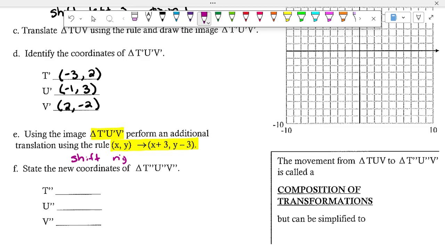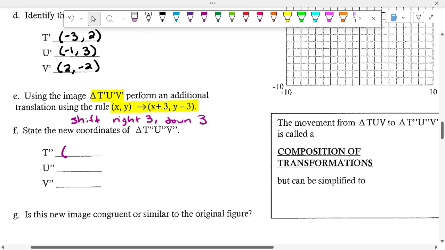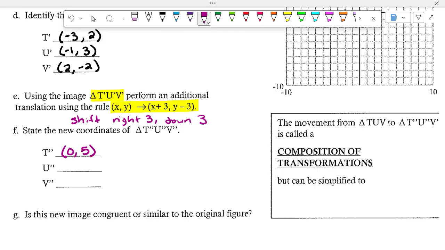So right 3, down 3. So what's T double prime? Remember, you're doing it to the T prime. You're starting at T prime, going to T double prime. 0, 5. Add 3, 0, minus. No, it's not +3. It's -3, so it'd be -1 actually.